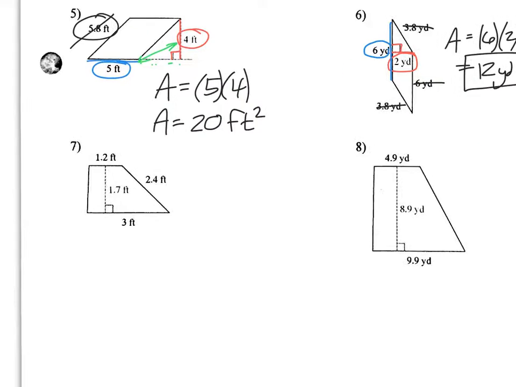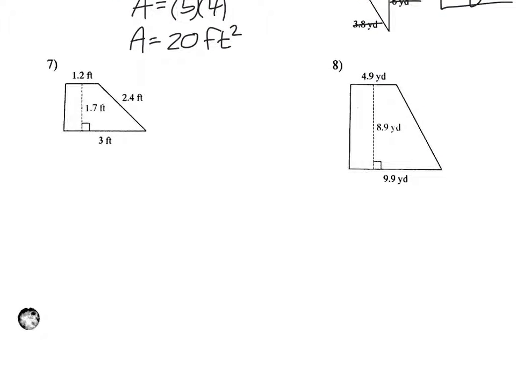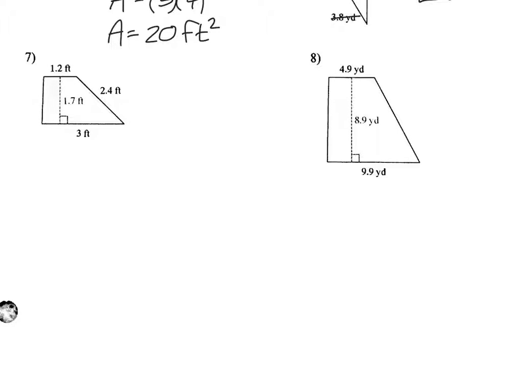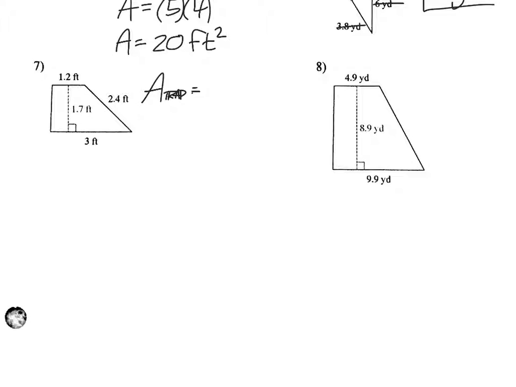Okay, last one, a trapezoid. It's a little different formula here. So area of a trapezoid, I'm going to abbreviate trap. Area of a trapezoid is 1/2 height times base 1 plus base 2. Okay, so again, what is height? Height is the one that makes a right angle. So there's our height. What are the bases? The bases are the two parallel sides.